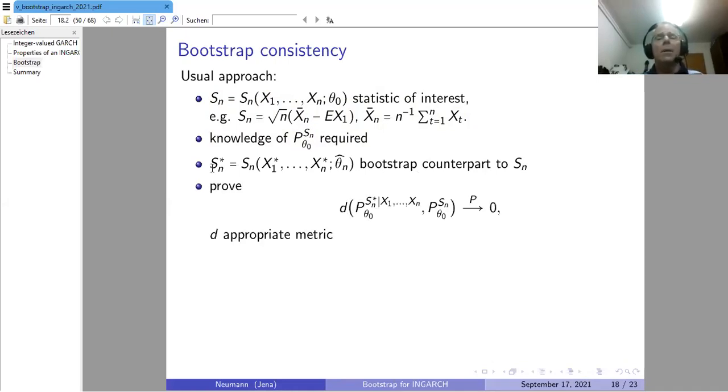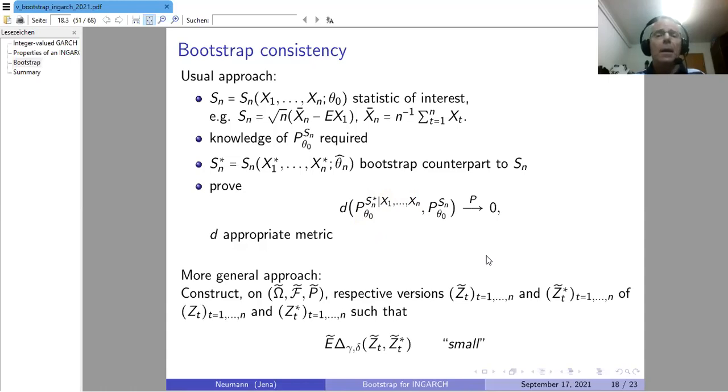And in most cases, it is proved in a more direct way that the distribution of our bootstrap statistic, of course given the original sample, is close to the desired one. Here, d is an appropriate metric, and this is a standard way of proving bootstrap consistency.